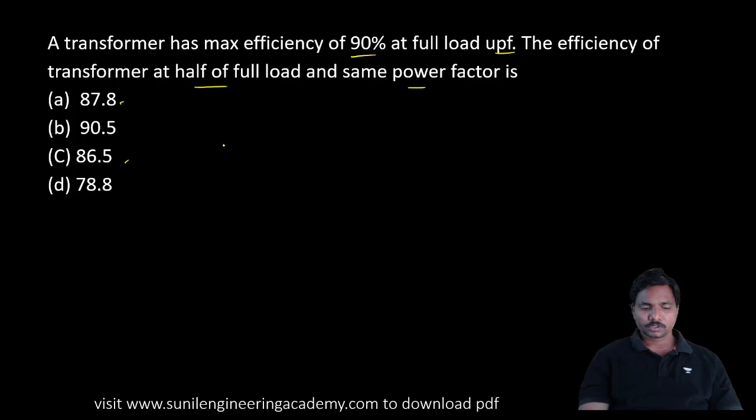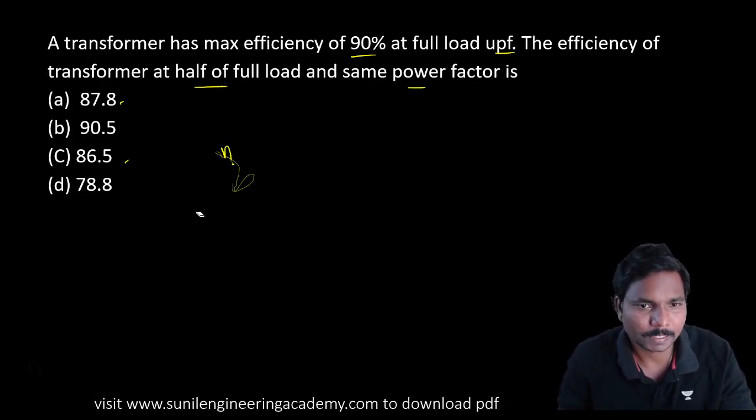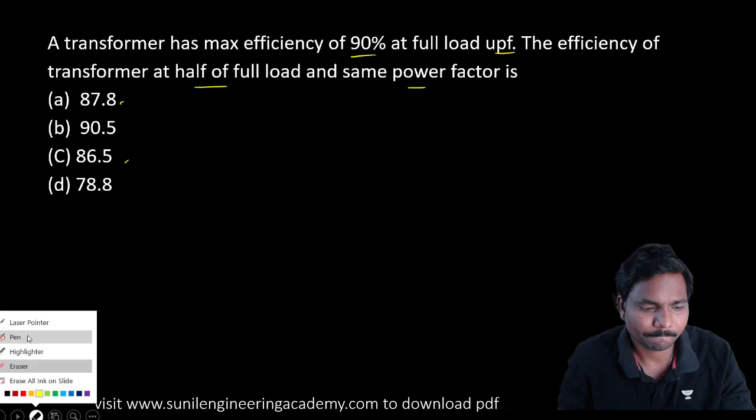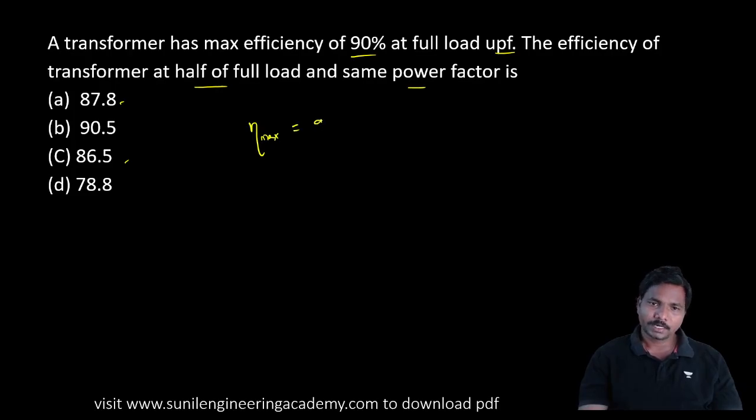So here the maximum efficiency is given as 90%. When will we get the maximum efficiency? Whenever the copper loss is equal to the iron losses.